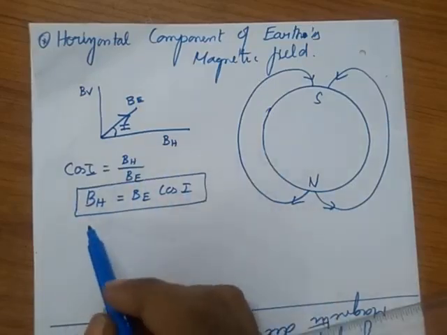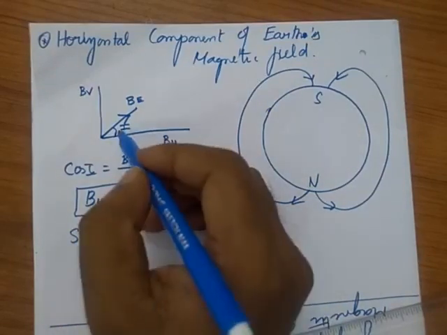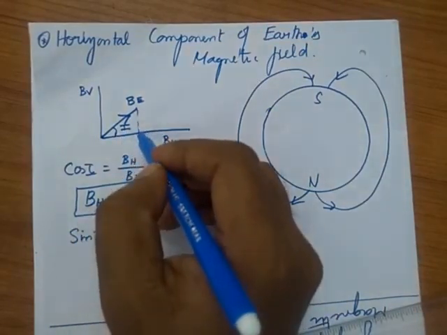Then we can write the vertical component also. Sin I equals opposite side by hypotenuse.